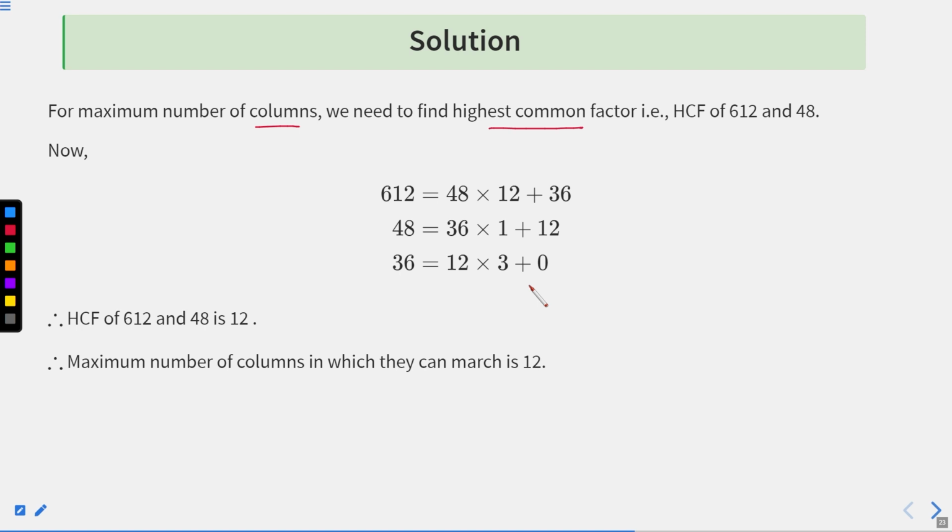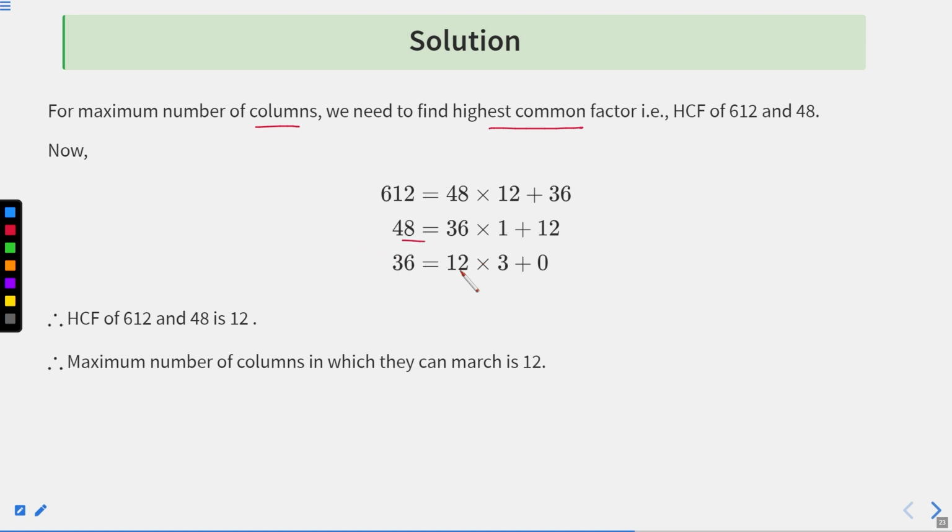Here 612 can be written as 48 times 12 plus 36. If we multiply 48 with 12, we get 576, leaving remainder 36. So by Euclid's division algorithm, 612 is 48 times 12 plus 36.